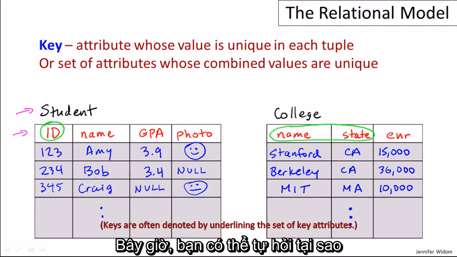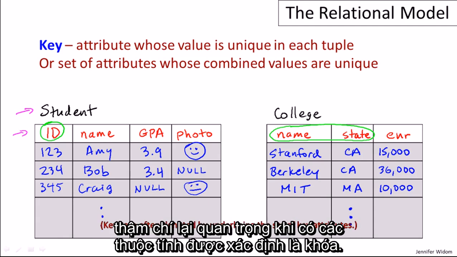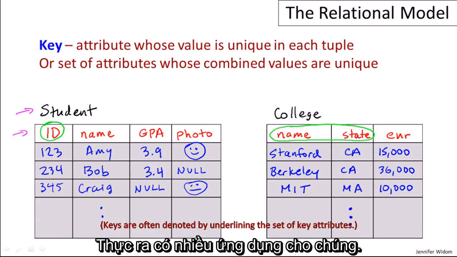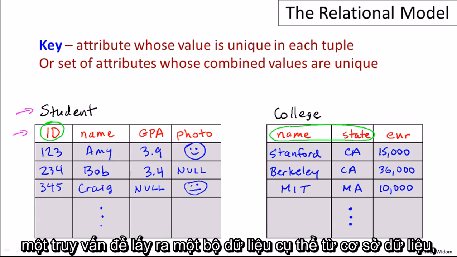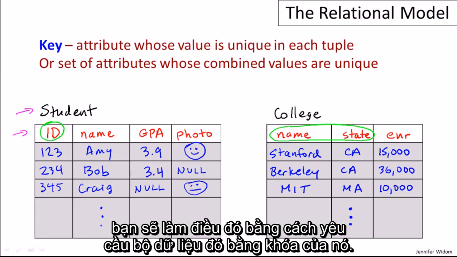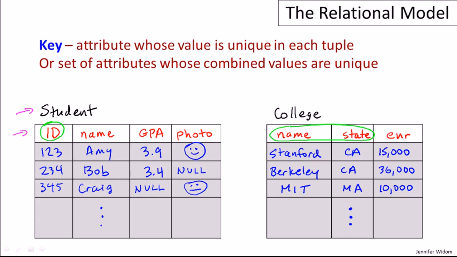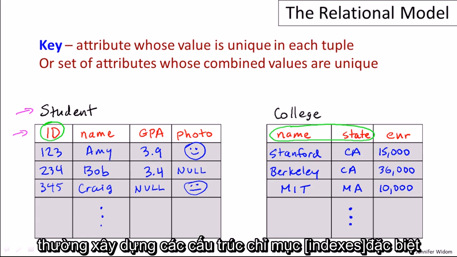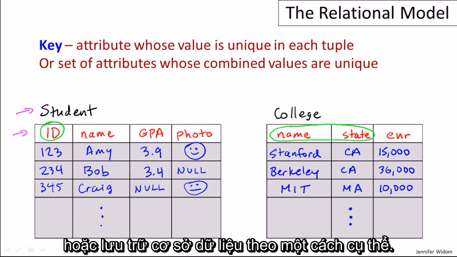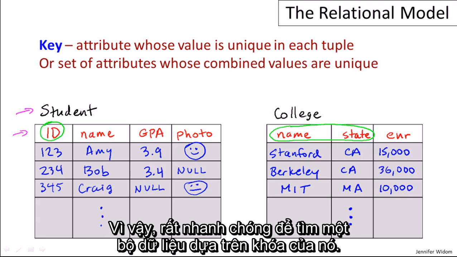Now, you might wonder why it's even important to have attributes that are identified as keys. There's actually several uses for them. One of them is just to identify specific tuples. So if you want to run a query to get a specific tuple out of the database, you would do that by asking for that tuple by its key. And related to that, database systems, for efficiency, tend to build special index structures or store the database in a particular way so it's very fast to find a tuple based on its key.